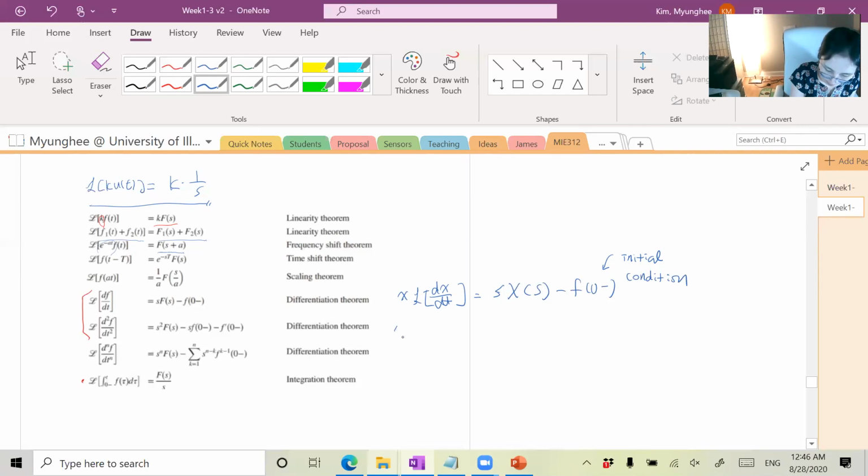Similarly, the Laplace transform of d squared x over dt squared becomes s squared X(s), so instead of f, I plugged in x, minus s x(0), oops, instead of f, I need to use x, minus x dot (0), which will be the initial condition again.